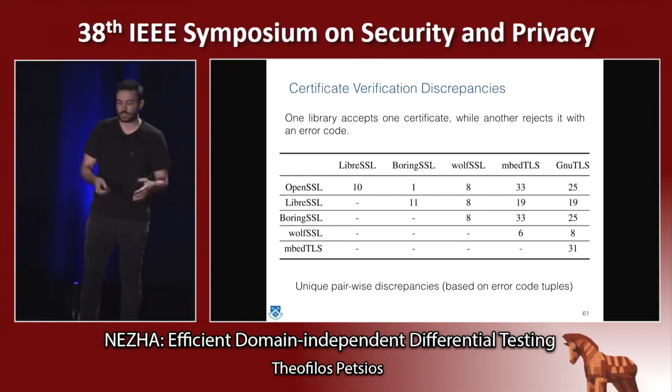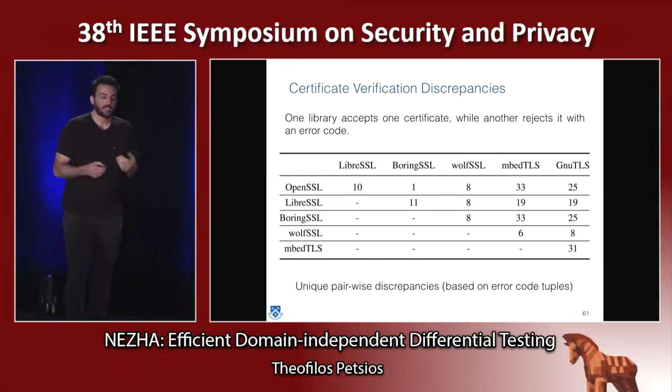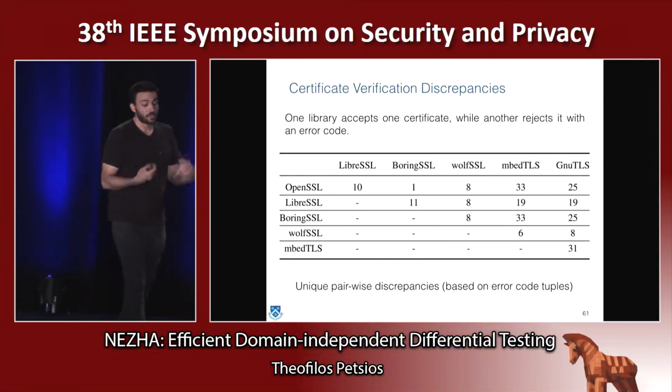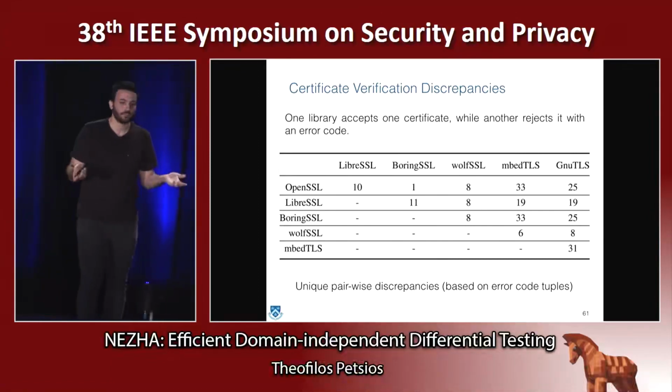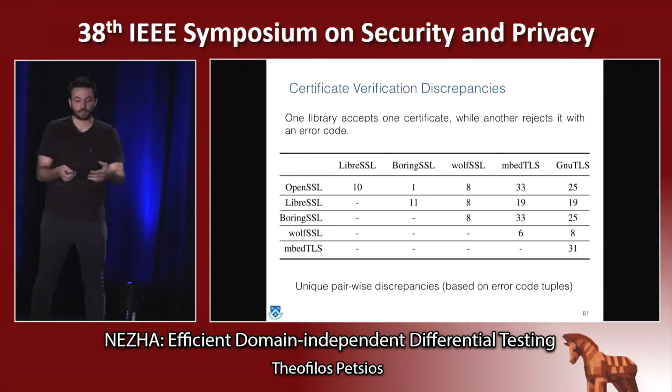So these are all unique instances pairwise. And of course, there could be some false positives here, in the sense that some library could reject a certificate because, say, of a weak cipher. So it could be a design decision. But in principle, we show that we can find both real bugs as well as cases for which we trigger these sorts of discrepancies.